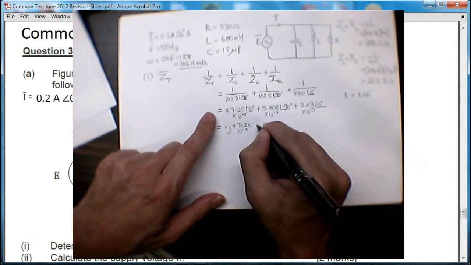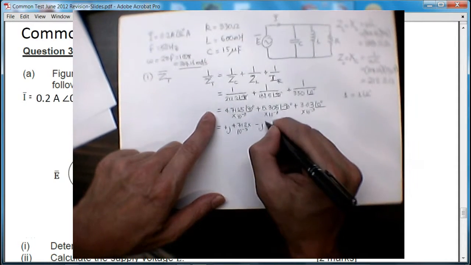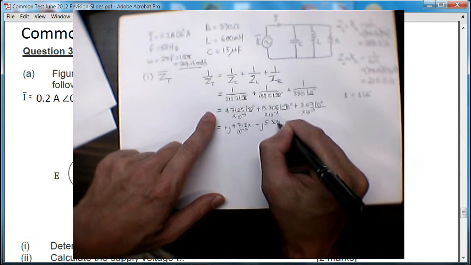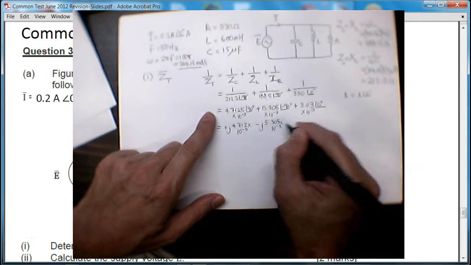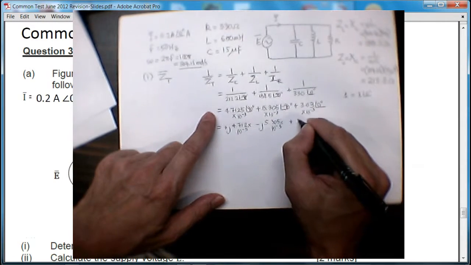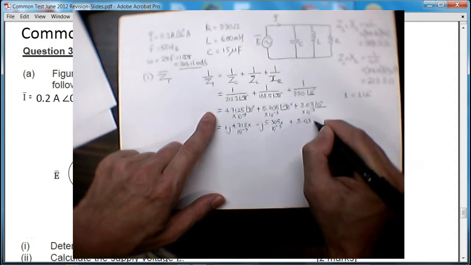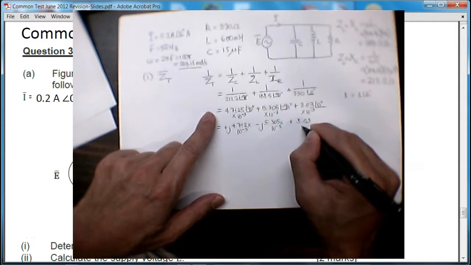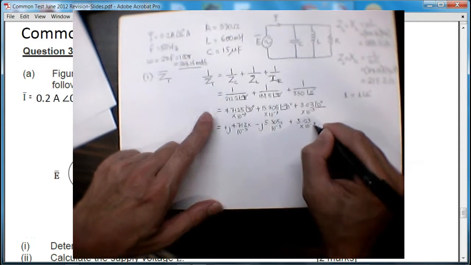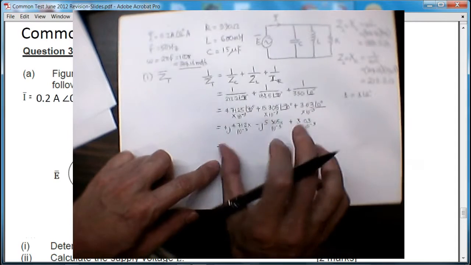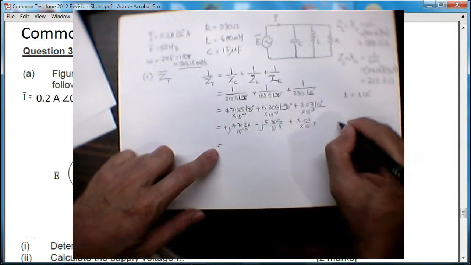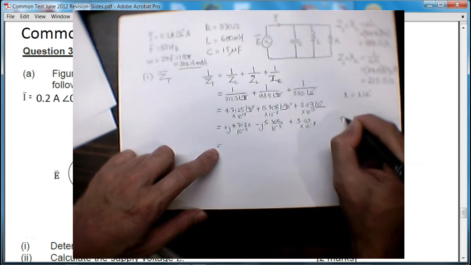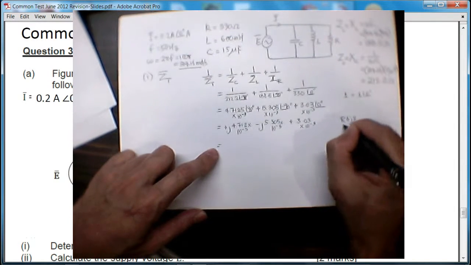Here is minus 90, so it's minus J 5.305 times 10 to the minus 3, plus 3.03 times 10 to the minus 3. If I rearrange it into the normal way of rectangular format, remember, rectangular format is R plus JX.